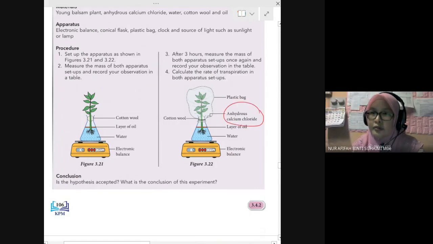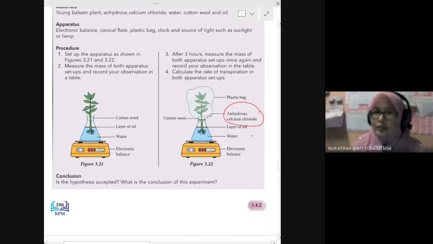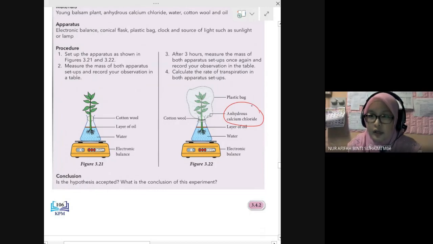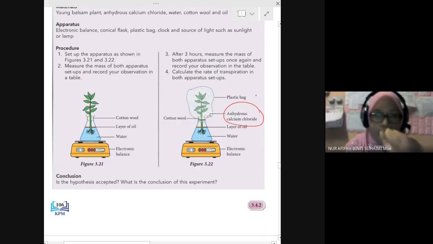Now you need to observe the materials used in each experiment. Why do we use this one? Anhydrous calcium chloride. This one is to absorb carbon dioxide, absorb the gas.